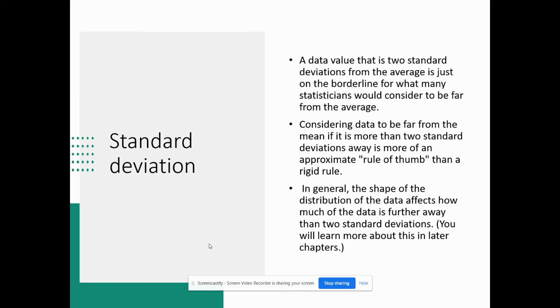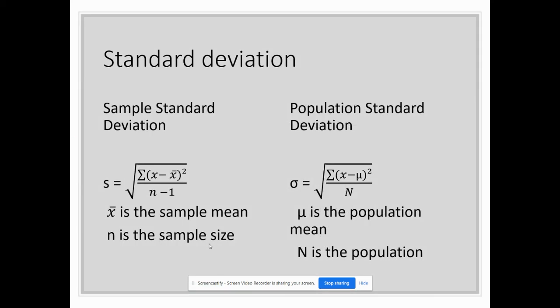If our data has that pretty bell shape, 95% of the data is within 2 standard deviations of the mean, and that's a lot of my data. I've captured a lot of people in that group or a lot of items that I'm looking at, and that's acceptable.